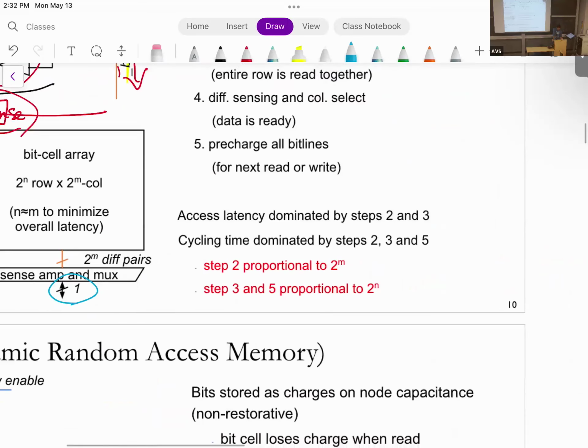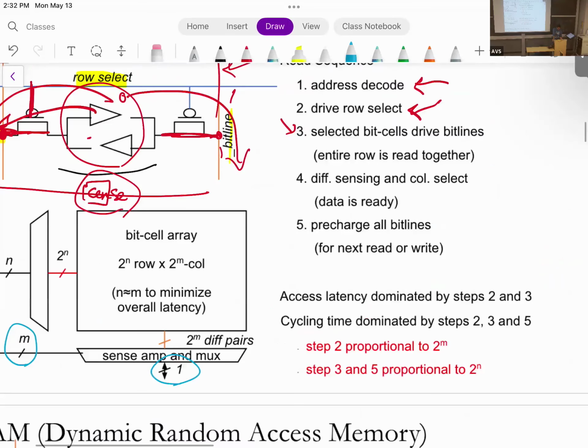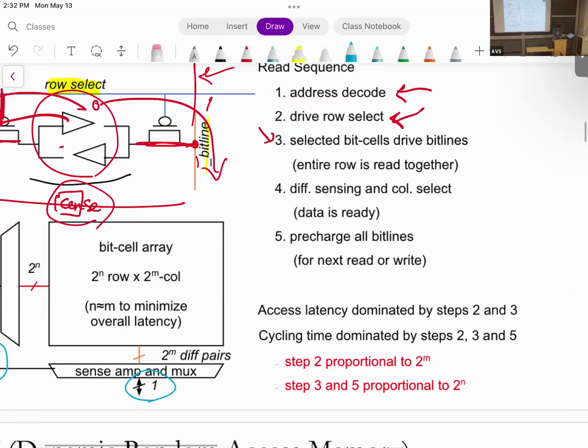Okay, a big thing about the access latency of SRAM is that steps 2 and 3 are the main drivers of the access latency, when you select the lines and when you let the charge or discharge happen. And then 2, 3, and 5 are the entire majority of your SRAM latency.